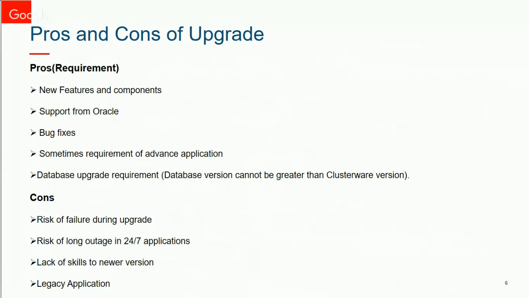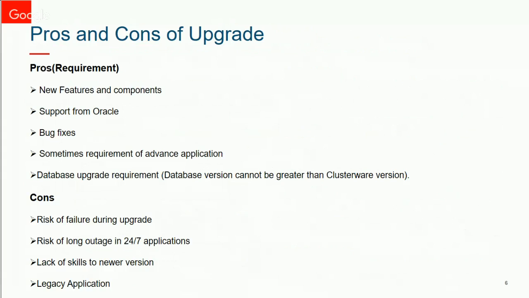Sometimes a new application does not support older versions of databases. Another reason is, suppose you have Clusterware which is 11G release 2 and you want to upgrade your database to 12C release 1.